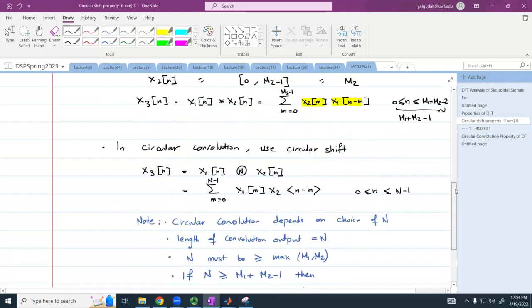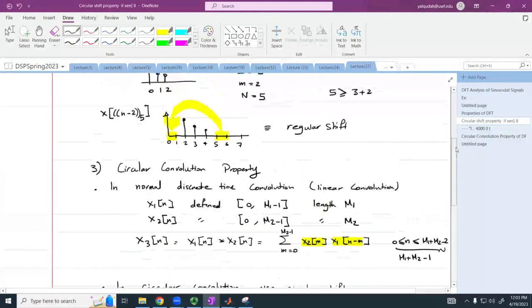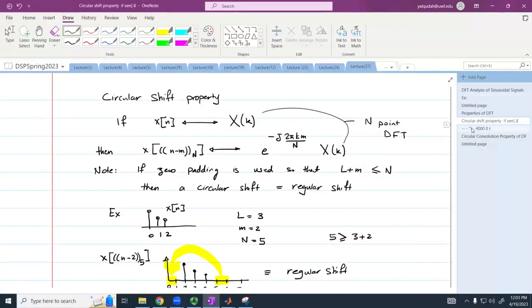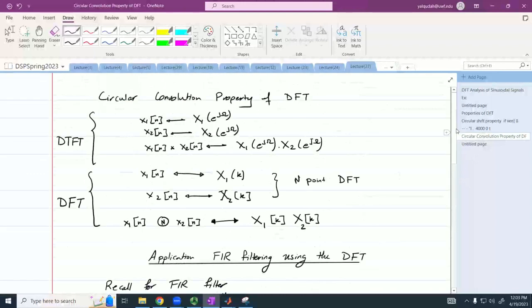The circular convolution is going to give me x1 multiplied by x2. What does all this mean? So let's put it all together and do an example.